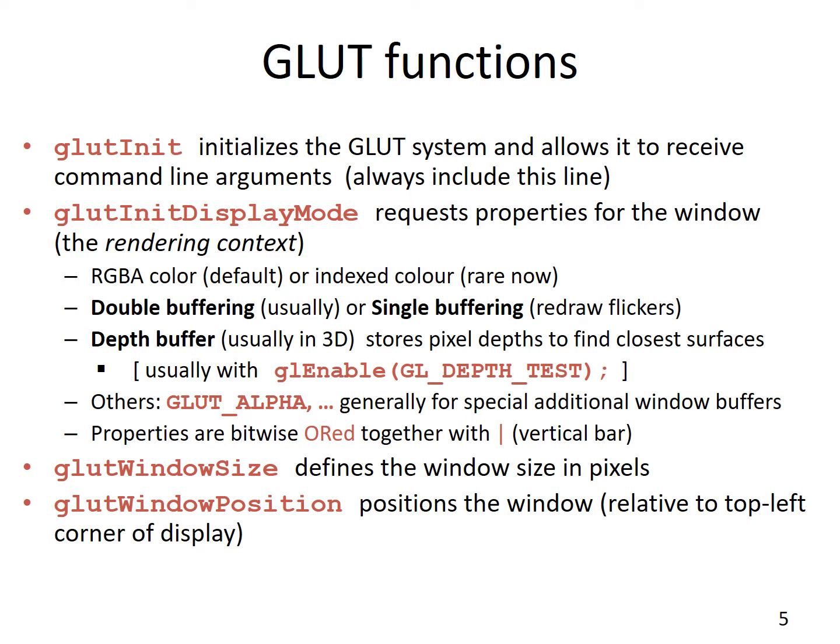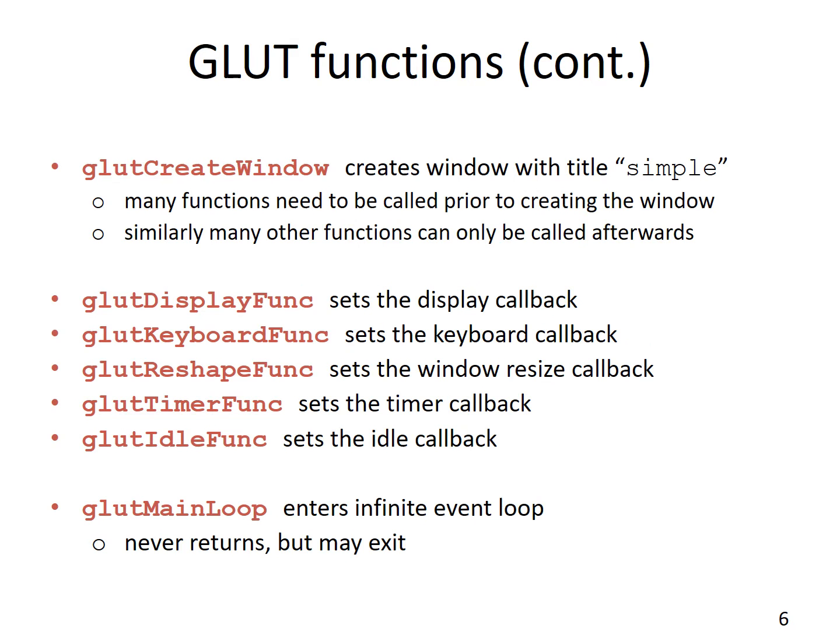Hence we can select one or any number of rendering context properties for the glutInitDisplayMode. glutInitWindowSize is fairly obvious, that it defines the size of the window in pixels, and glutInitWindowPosition basically defines where the window will be placed when the program first runs. glutCreateWindow creates the window titled simple. Many functions need to be called prior to creating the window. Similarly, many other functions can only be called afterwards.